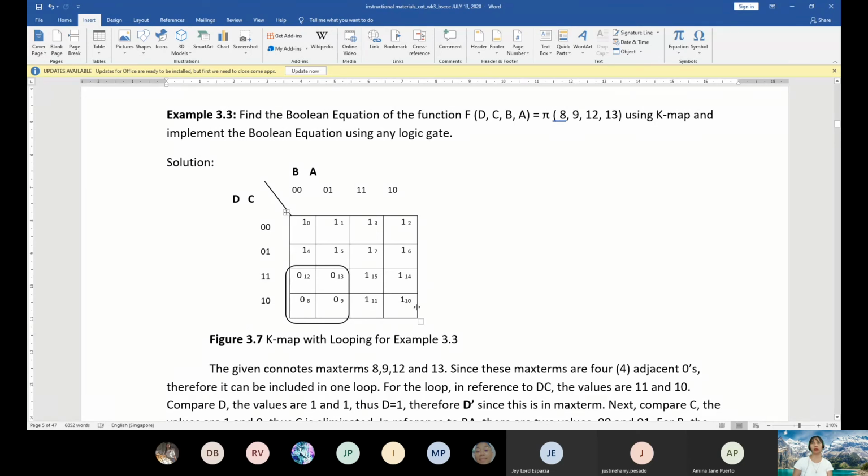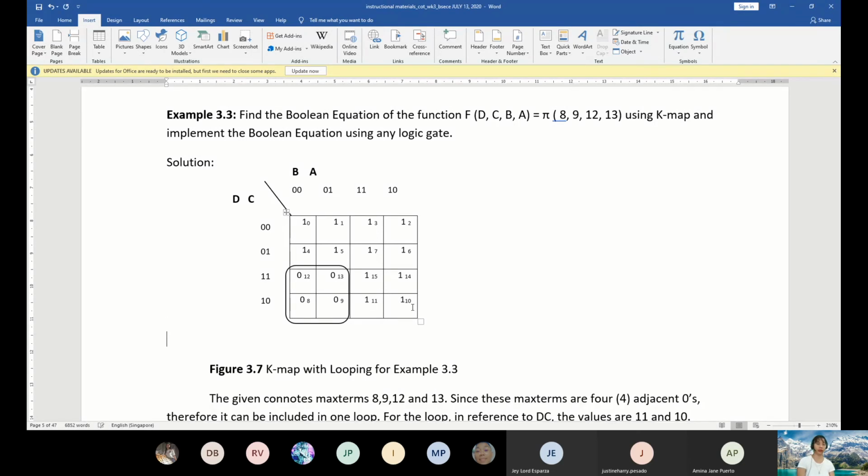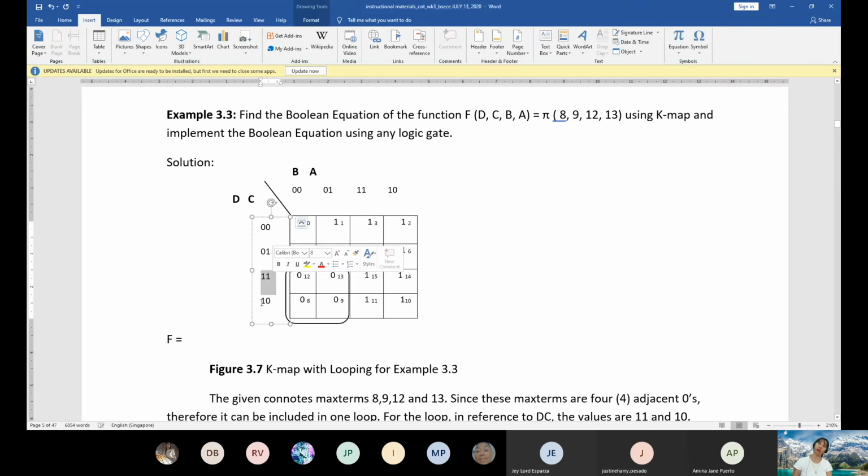With this, F is simply equal to, using max terms, for DC we have two values encompassing this loop: 1, 1 and 1, 0.